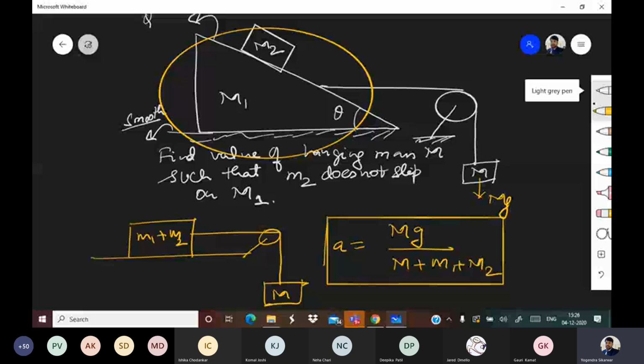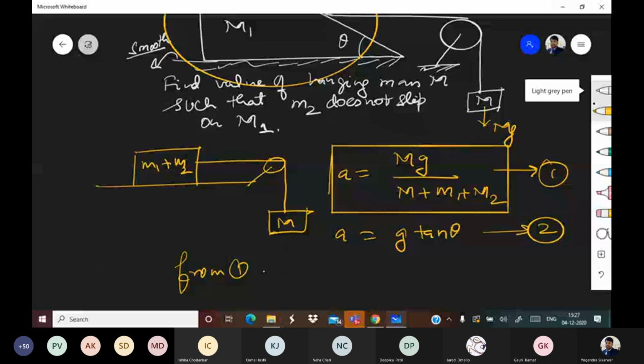This a is g tan theta. We have just learned that. So this is equation number 2. So from 1 and 2, what should be the case?